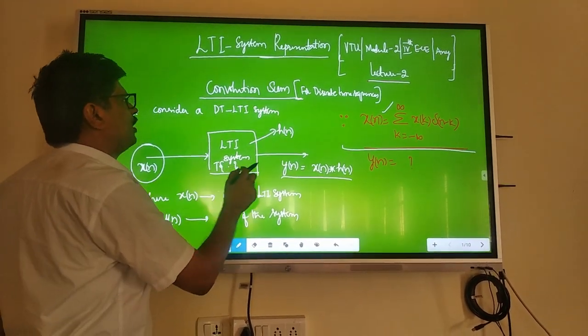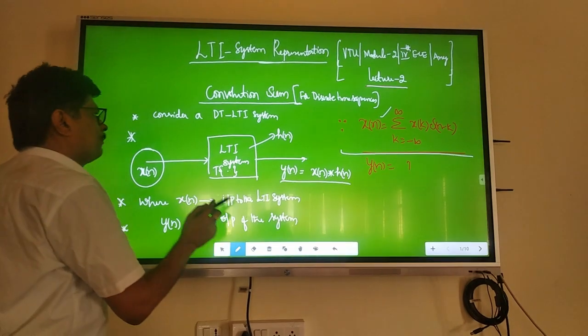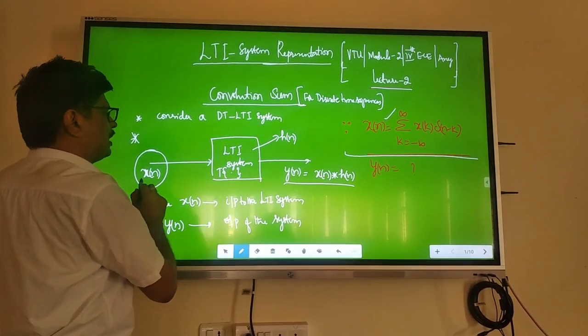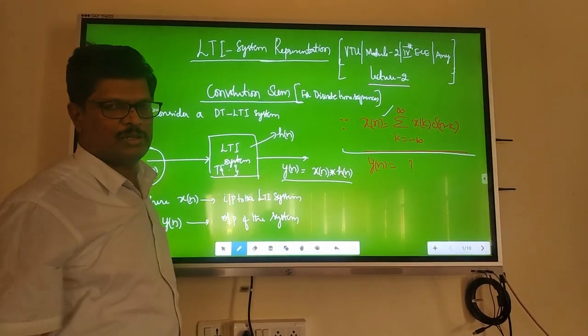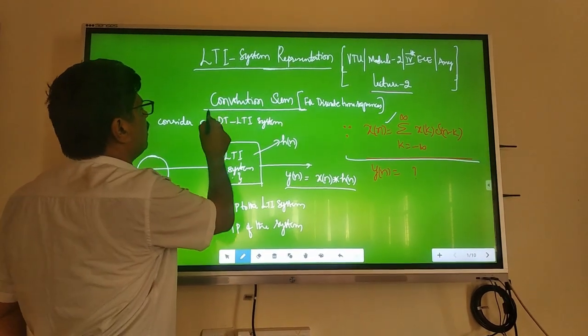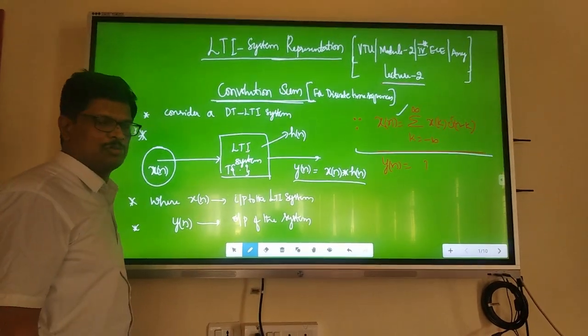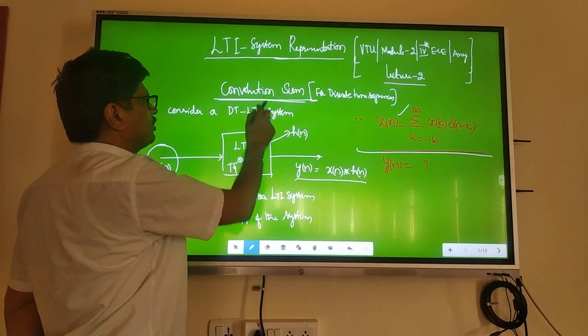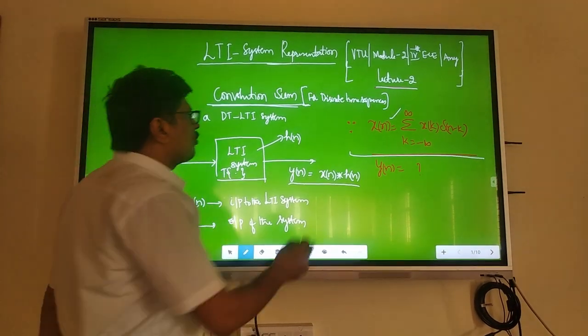If you consider LTI systems for discrete time sequences x of n, h of n and y of n, then the term used to calculate the LTI system output is called the convolution sum.